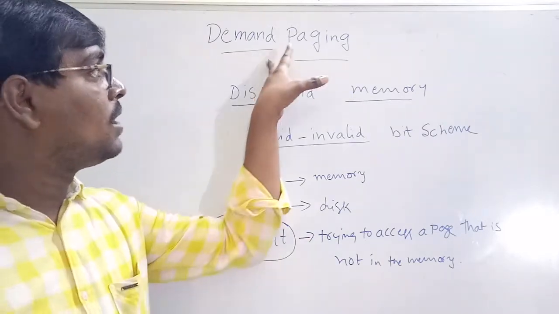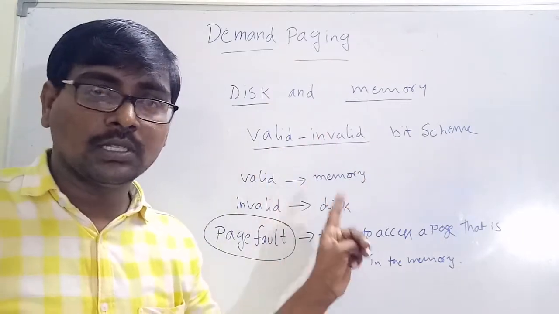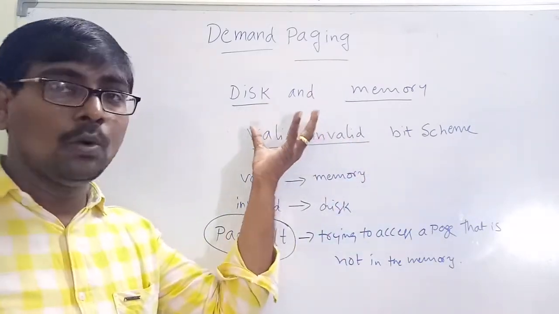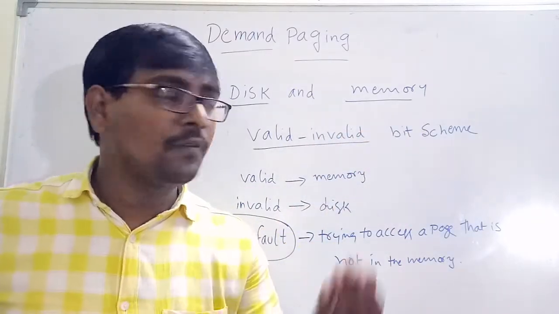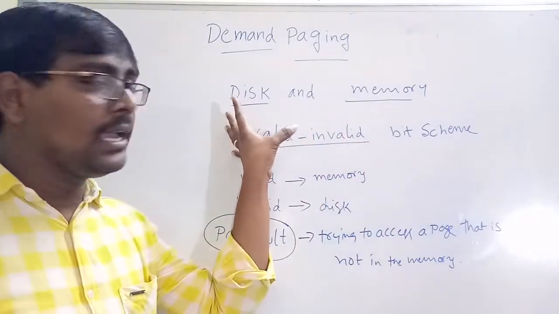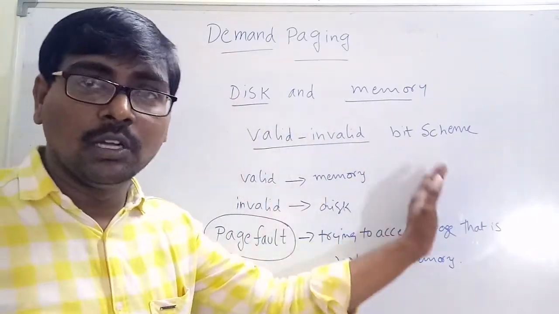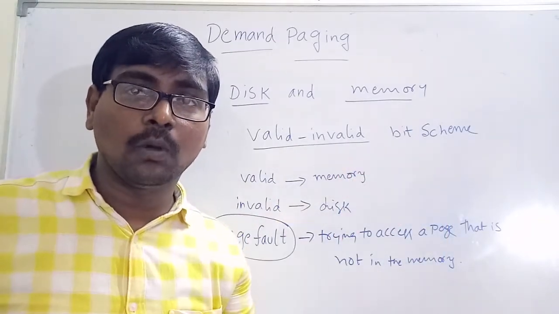Once again, before going to demand paging, briefly three points. The first one: programs are loaded into the memory for execution. How to load from the disk into memory? One option is to load the entire program from the disk into the memory, but the problem is we do not need the entire program.